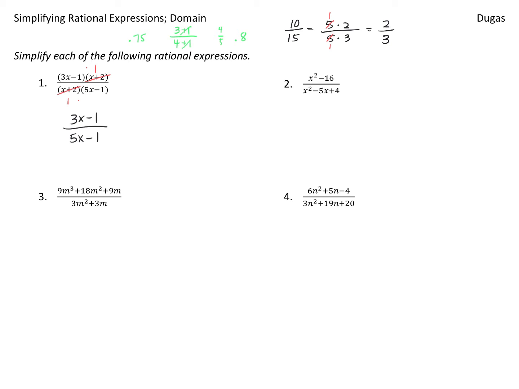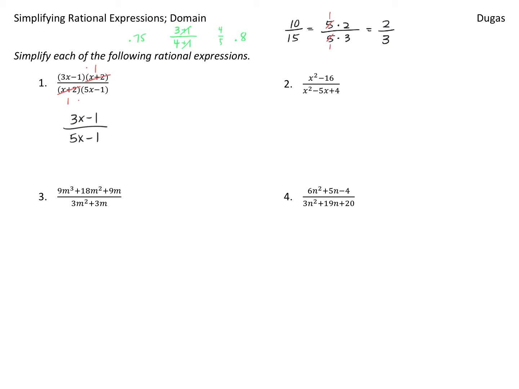You cannot cross out or divide out something that's added or subtracted to something else. You can only cross out an entire factor. So 3x minus 1 goes together as an entire factor. You can cross it all out, or you can't cancel anything out from that. So you can't cancel out just a piece of a factor.